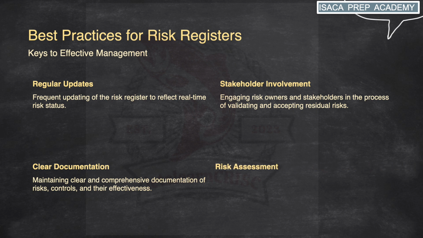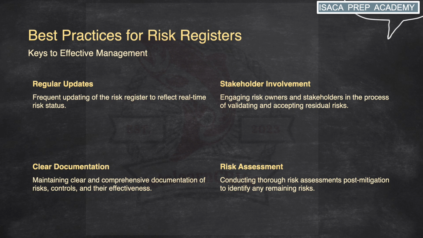And last is about the risk assessment. Friends, conducting a thorough risk assessment post mitigation to identify any remaining risk is a crucial step in the risk management process within the company XYZ.